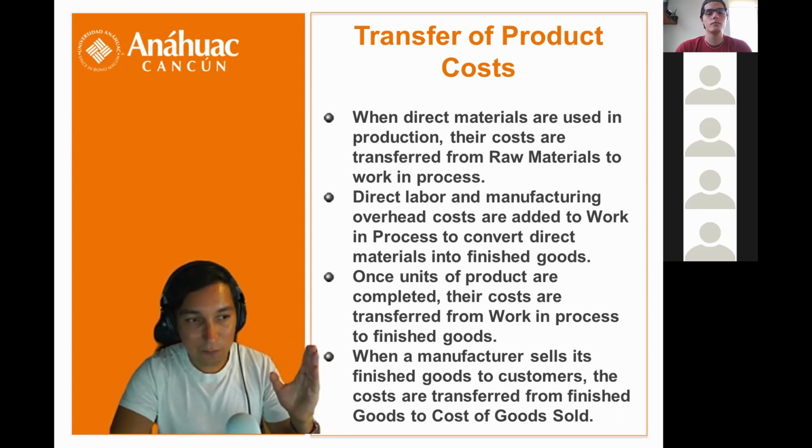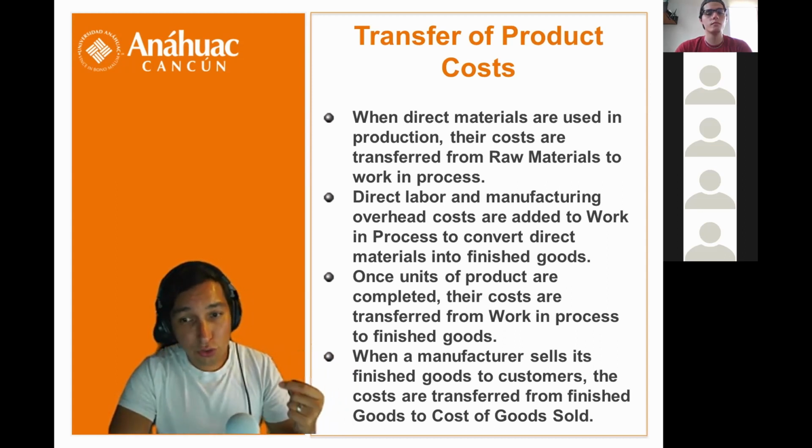And finally, when we sell it, then it's moved from finished goods to cost of goods sold. Remember that from financial accounting that we saw this week? The term COGS, the cost of goods sold.